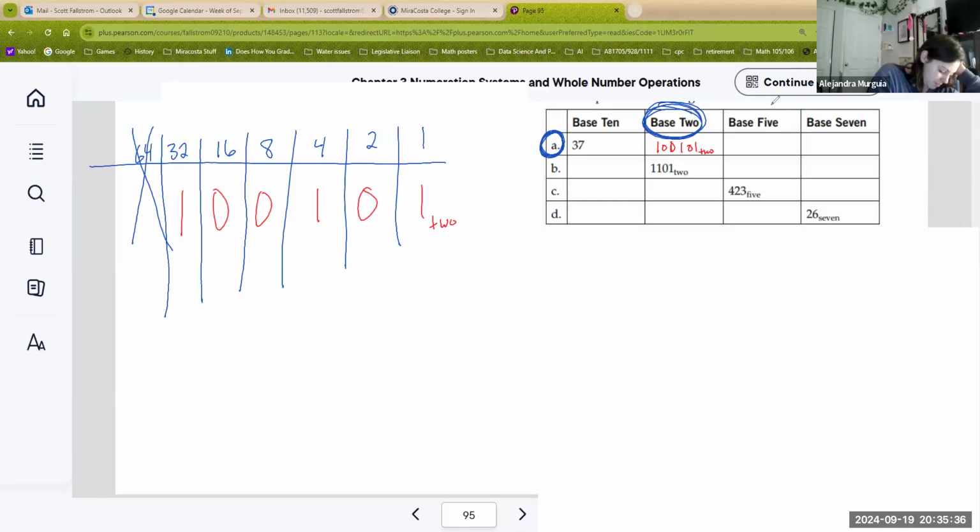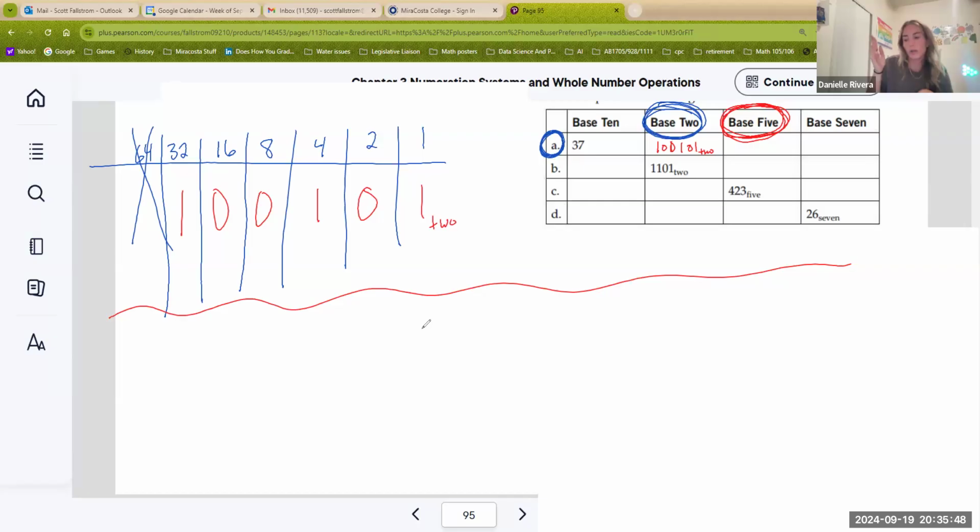All right, Danielle, what would you change if we decided to turn this into base 5? What would you do different? Start out writing the multiples of 5. So 1, 5, 25. Maybe I don't even need the line. At this point you're getting used to it.